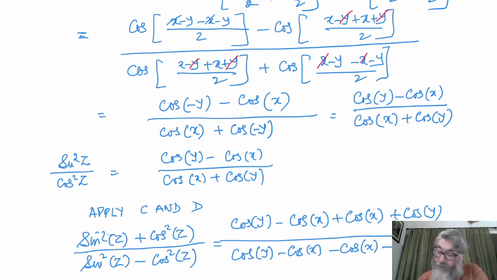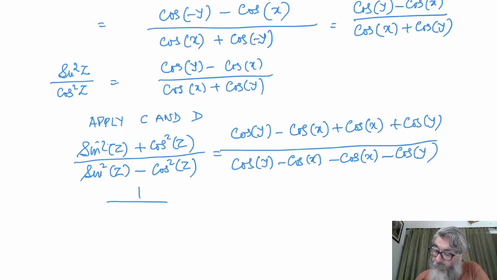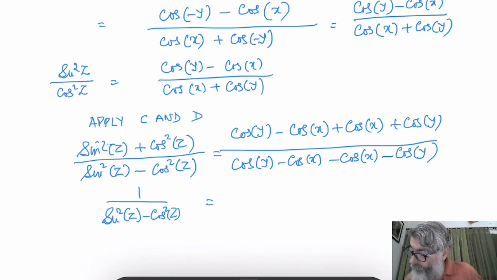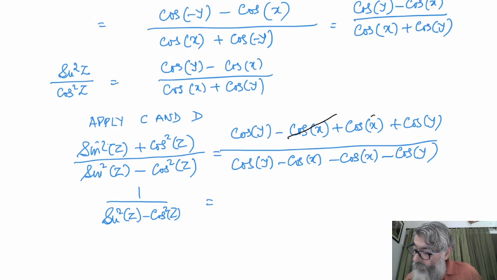So what happens is 1 minus 1 upon sin square z minus cos square z is equal to, now cos x will cancel, cos x will cancel, and cos y will cancel.